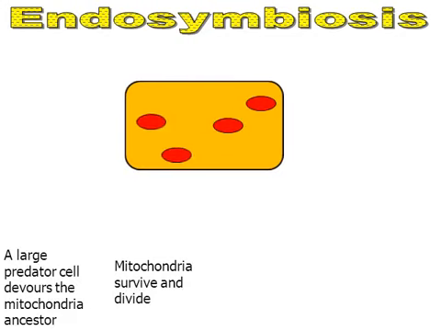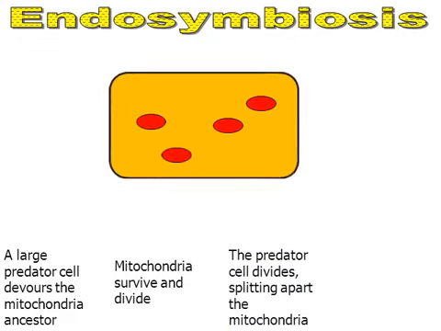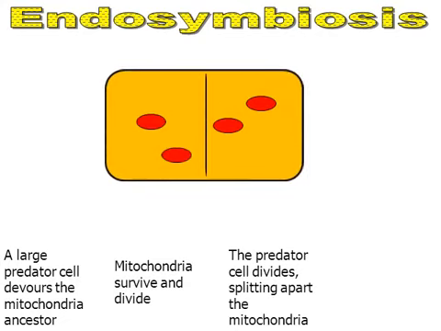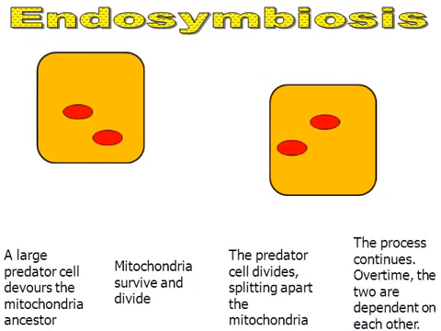Well, as the two go about their lives, the large predator cell eventually is going to multiply and divide as well. And watch this. When cells divide, they often grow, and then they split right down the middle, and now you have two cells. Two cells with the mitochondria ancestors trapped inside of them. And then the process simply continues.